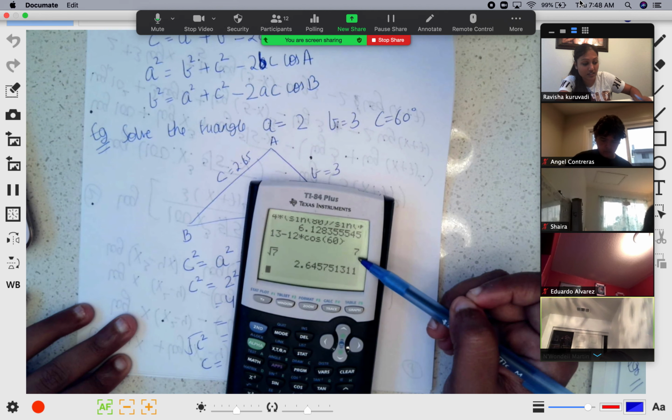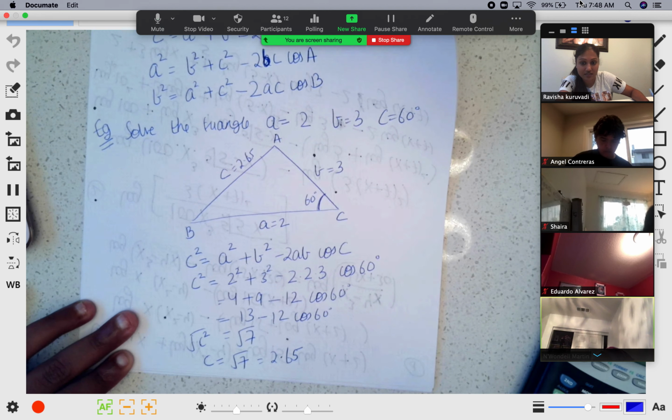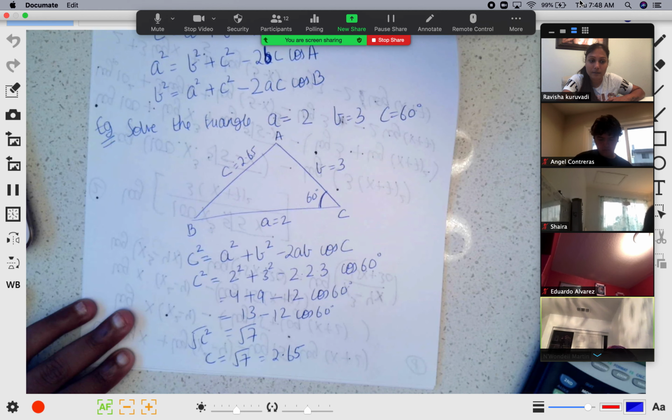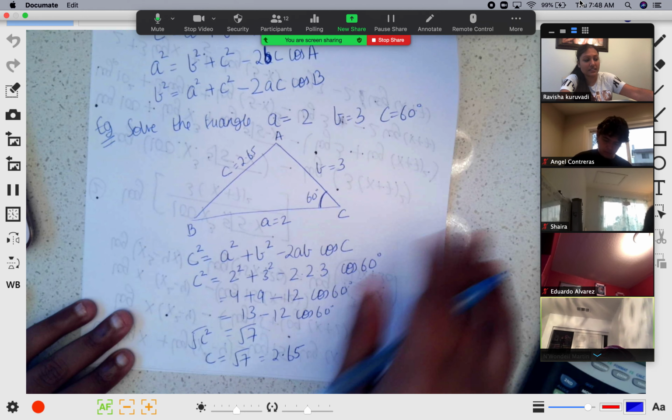Then I wrote c square is equal to 7, then I took the square root on both sides. Oh, gotcha. Okay, thank you. I got my c now.